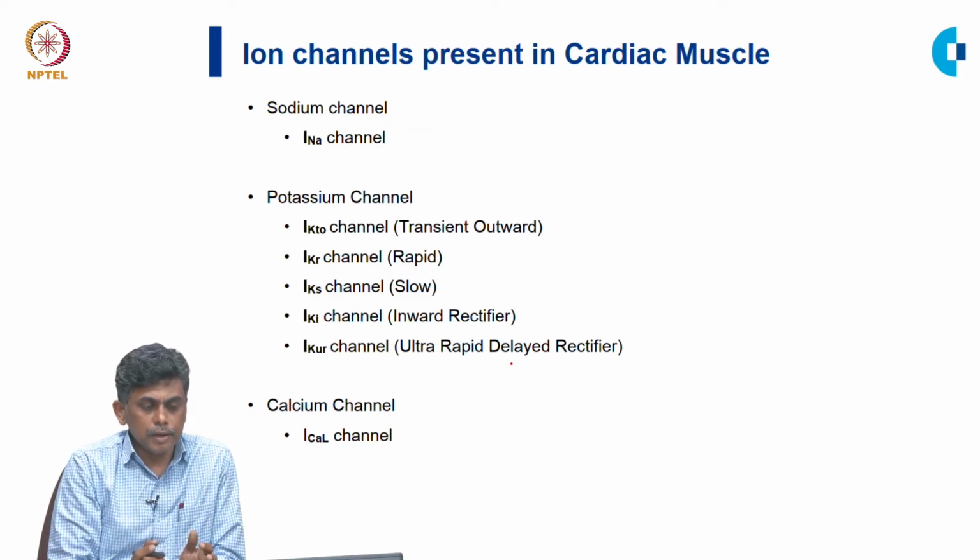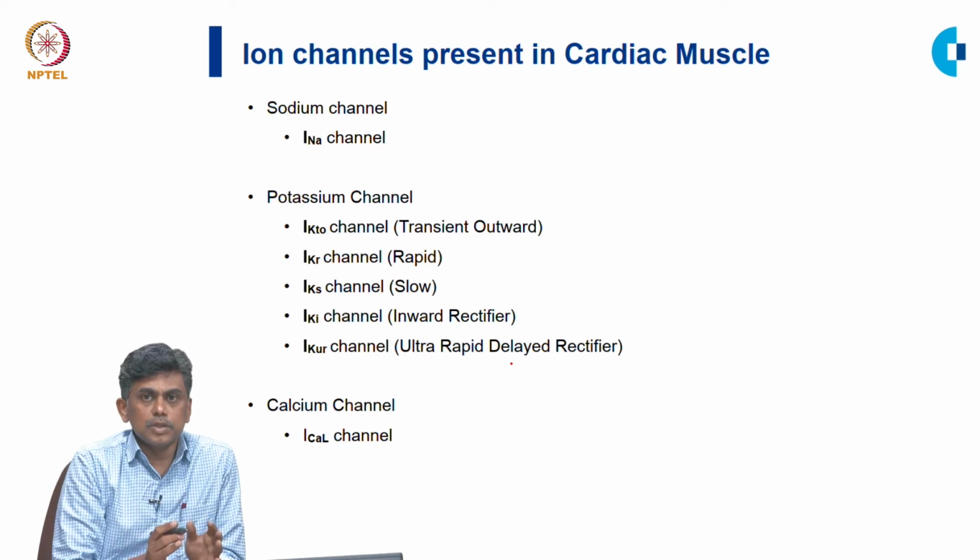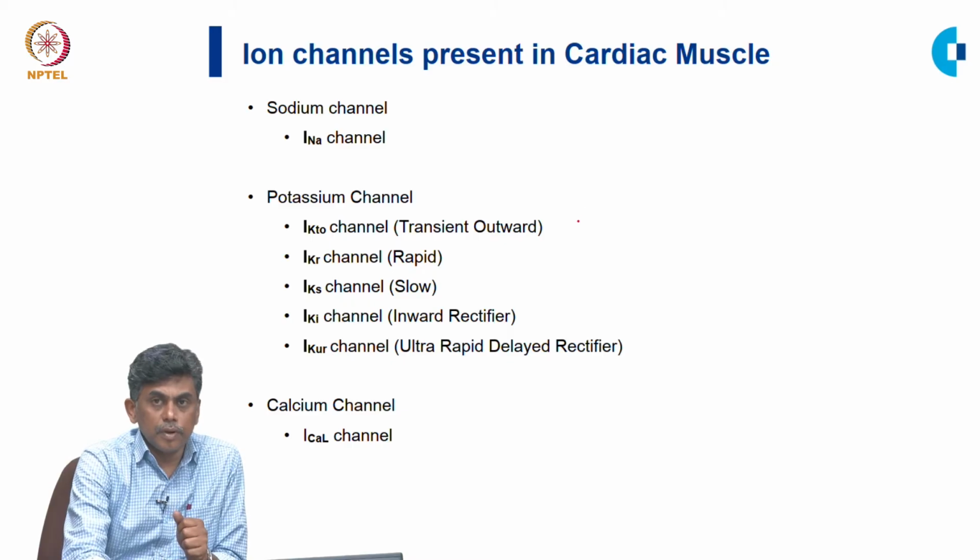Now, what are the ion channels present in the cardiac muscle? There are three main ion channels: sodium, potassium and calcium. Of these, only one type each of sodium and calcium channel is present in the cardiac muscle, but there are 5 different types of potassium channels. The first is the transient outward potassium channel, or Ito channel. Then we have IKr, which is the rapid potassium channel.